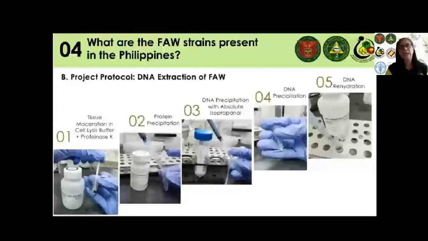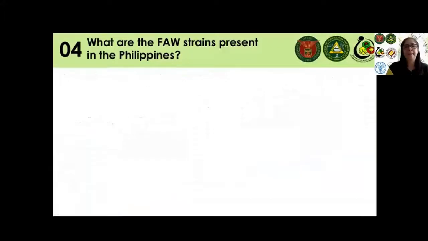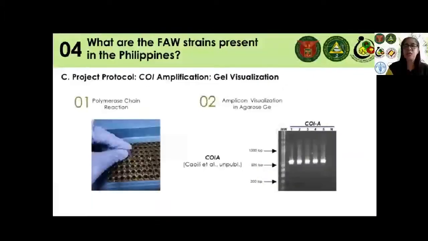The total DNA of each individual was extracted from the thoracic muscles using a commercial kit with a 5-step protocol. And the extracted DNA was then used as template to amplify the partial COA1 sequence, and the samples with amplicons were visualized and verified in agarose gels.